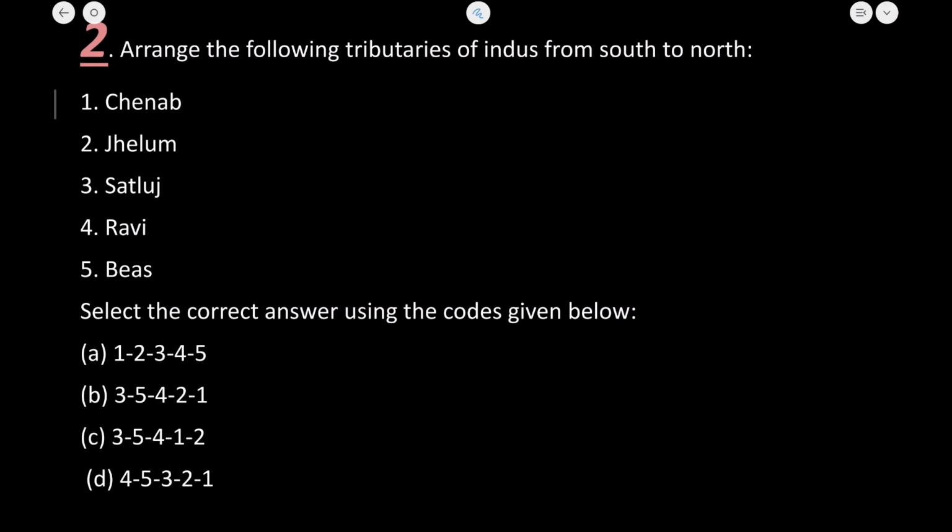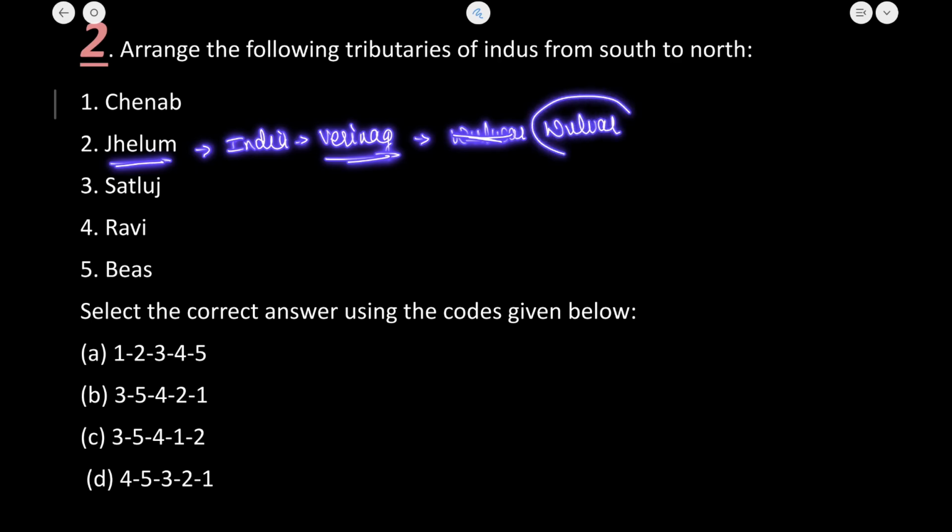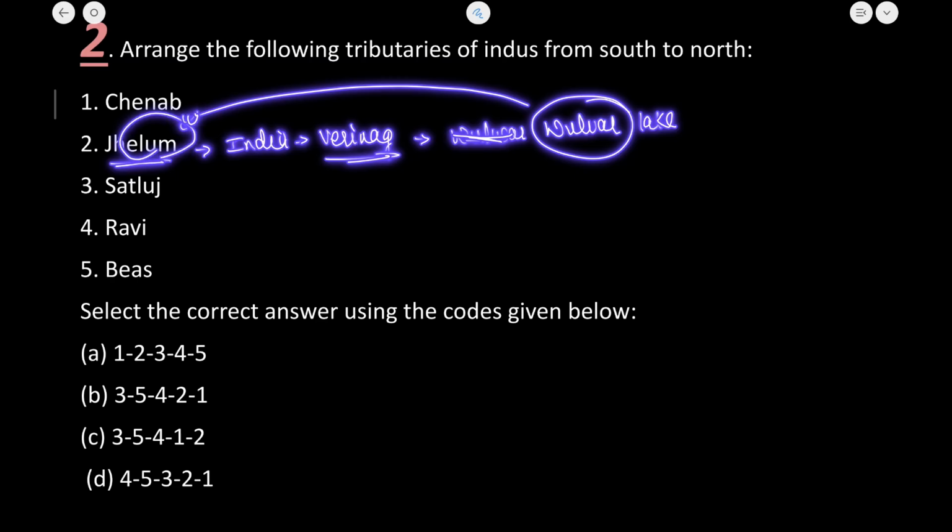Okay, now let me tell you some information about these rivers. Let us see about the Jhelum river first. It originates in India, at a place called Verinag. Now the Wular Lake in Srinagar is drained by the waters of Jhelum.